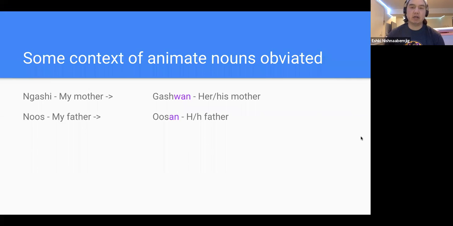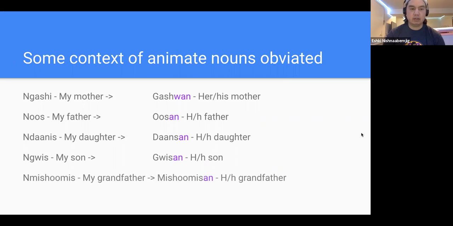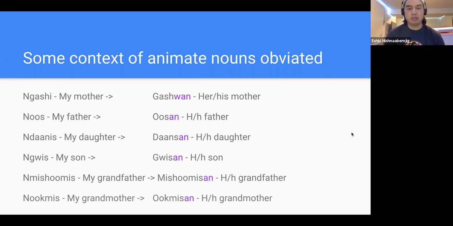So this is one context in which animate nouns are obviated. Donis, my daughter, Don's son, his or her daughter. Gwis, Gwisan. Shomis, Shomson. Nokomis, Okomis son.